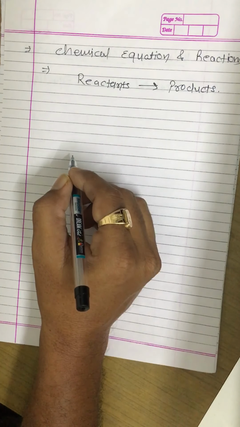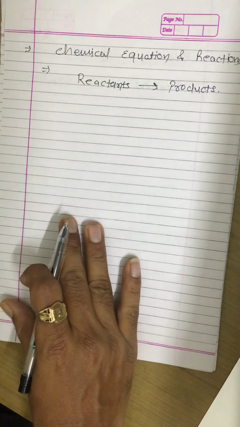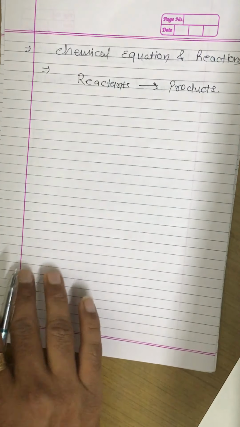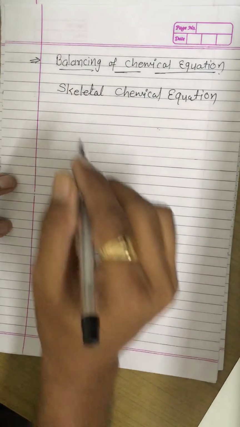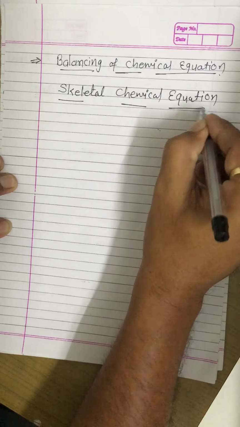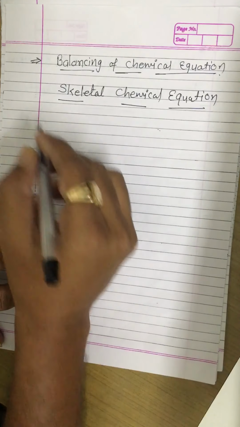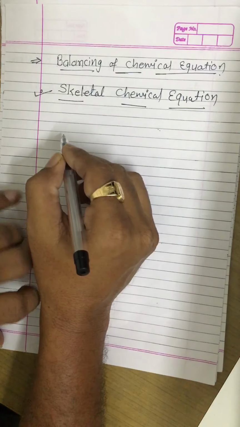So first of all, friends, before we start the balancing of a chemical equation, we have to remember one important thing, and that is the skeletal chemical equation. What is a skeletal chemical equation?